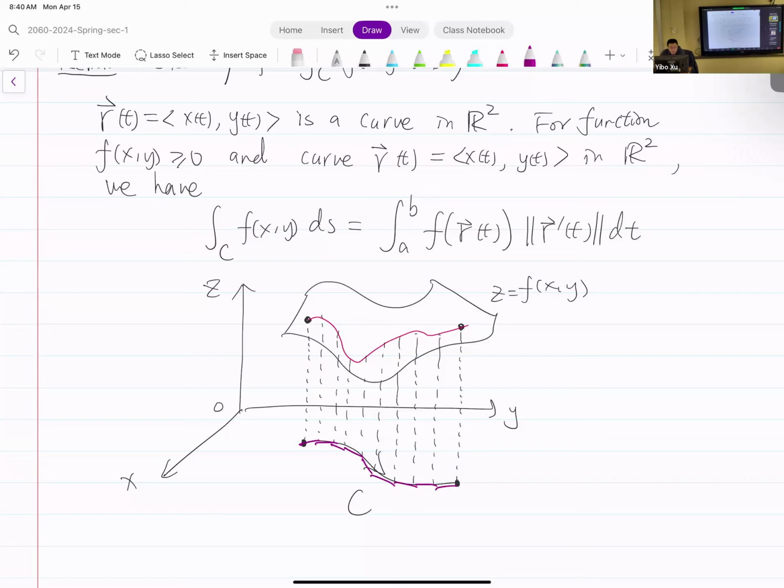So the height is the length of this kind of a strip, and ds is the width. Essentially, for the line integral, you're accumulating these vertical strips, which is the area of what we call a curtain that you see right in front of you.